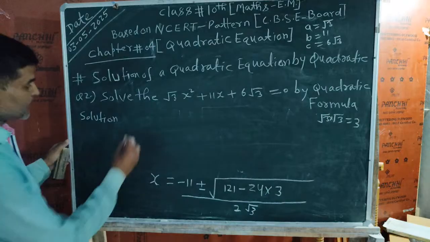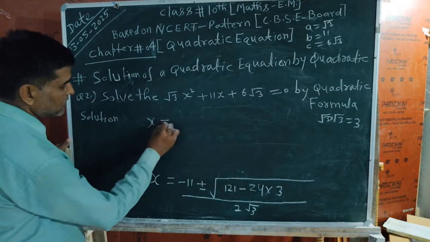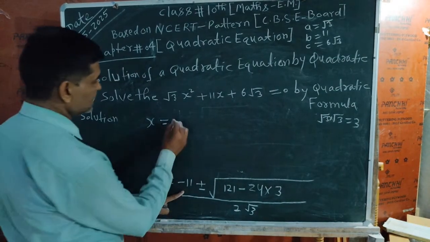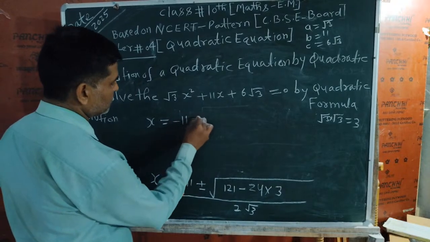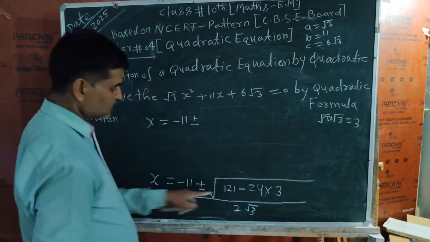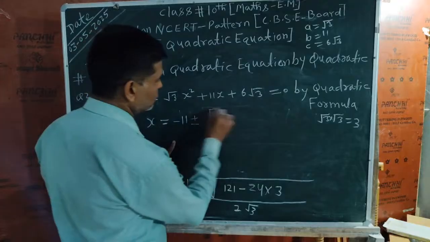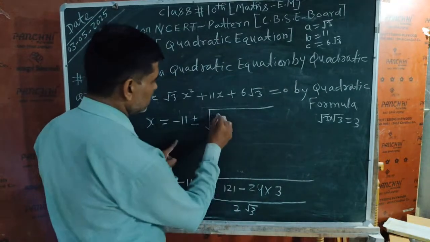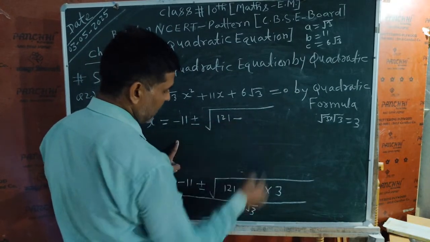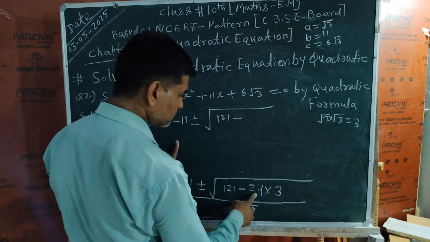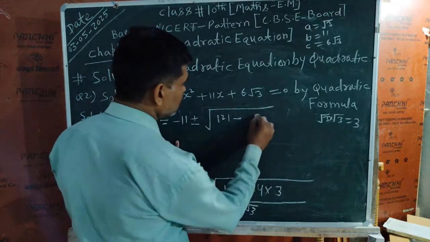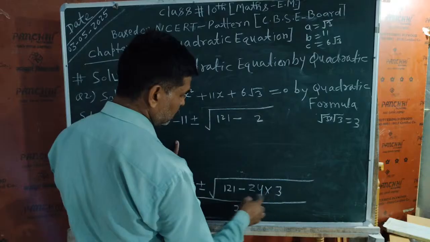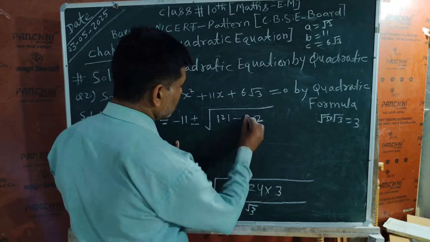Okay student, again I am going to write x is equal to, here minus 11 is available, so I will put minus 11 plus minus, and under the root this will be 121, and I will multiply: 4 threes are 12, 12 times 6 is 72.